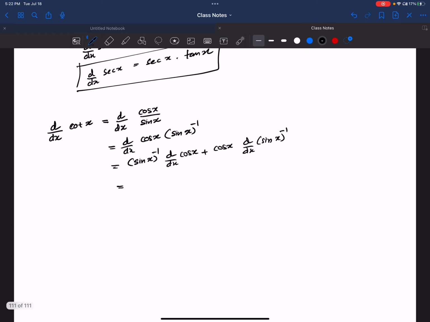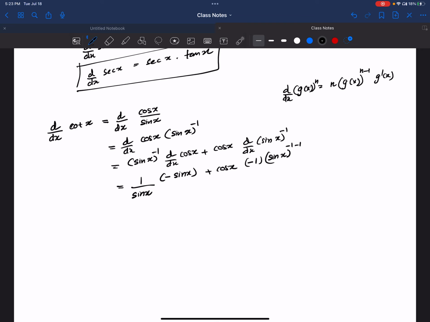So this is 1 over sine x times negative sine x, plus cosine x. And here again we apply this rule, d over dx g x to the power n is equal to n times g x to the power n minus 1 times g prime x. Here we're going to apply that. So our g x is sine x here. So we have negative 1 times sine x to the power negative 1 minus 1.